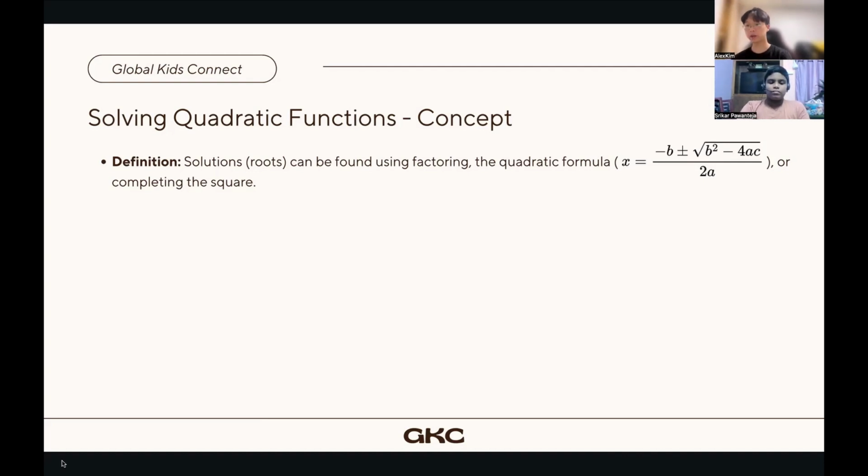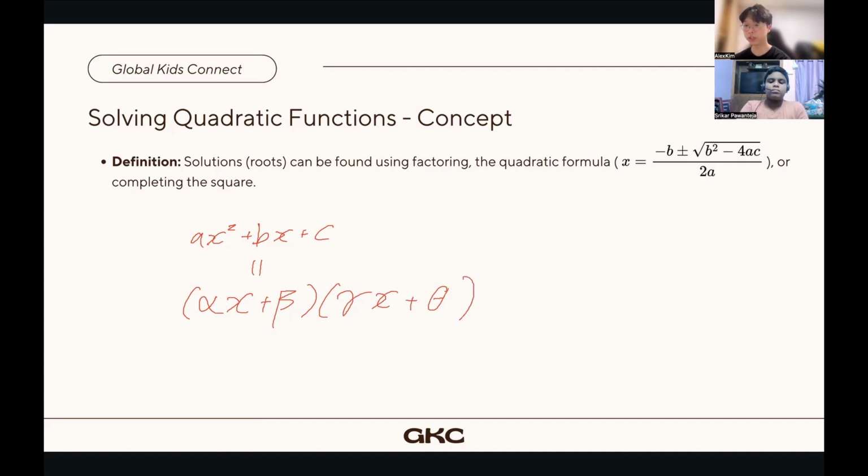Factoring usually means that if we are given an equation in the form of a fully expanded quadratic function, then we can rewrite it in a form like (alpha x + beta)(rho x + theta).